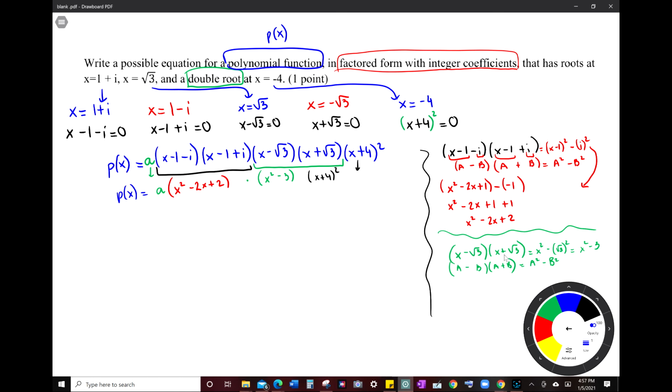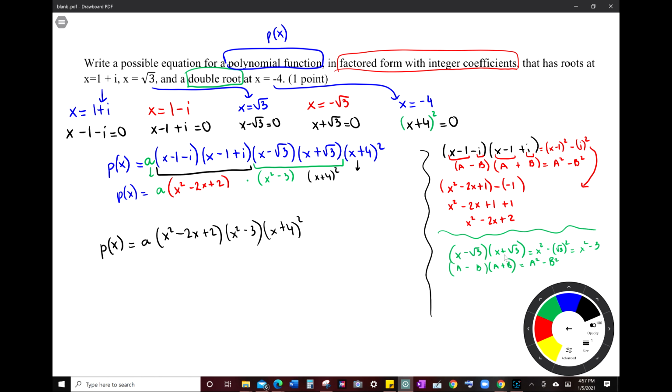So now I will rewrite it one more time as the completed answer. My complete answer will be p of x equals a times x squared minus 2x plus 2, times x squared minus 3, times x plus 4 squared.